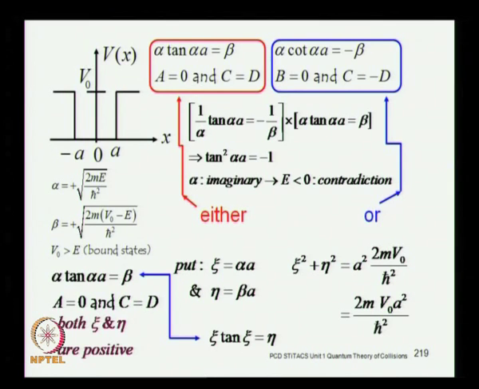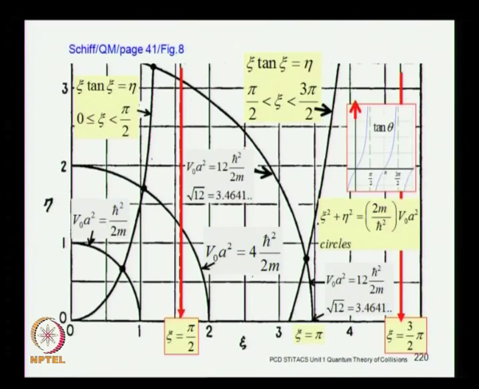If xi square plus eta square is equal to constant, then it is an equation to a circle. So, the solutions are given by the intersections of the relation xi tan xi equal to eta and circles defined by xi square plus eta square equal to this constant. And there are a number of circles which are drawn over here.